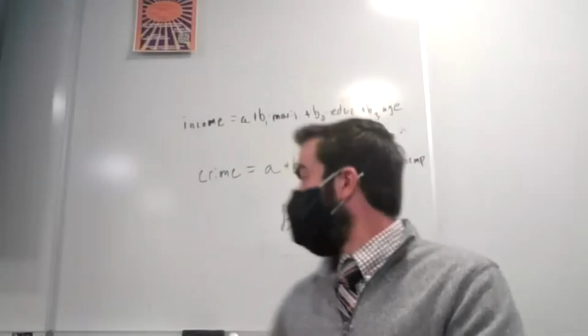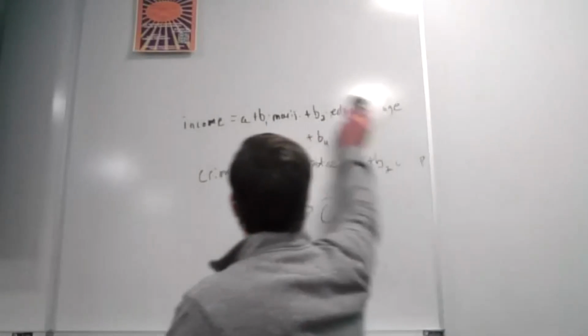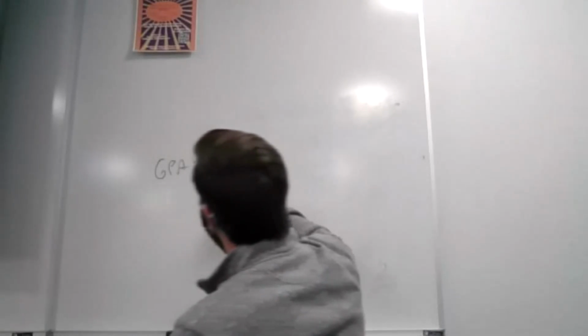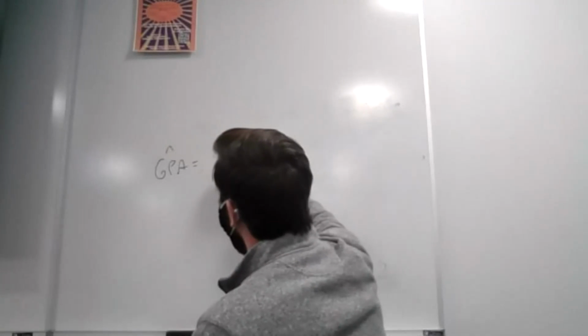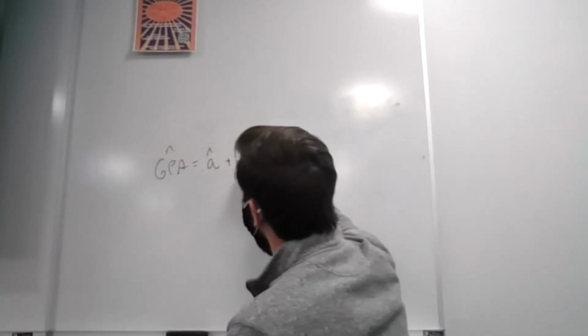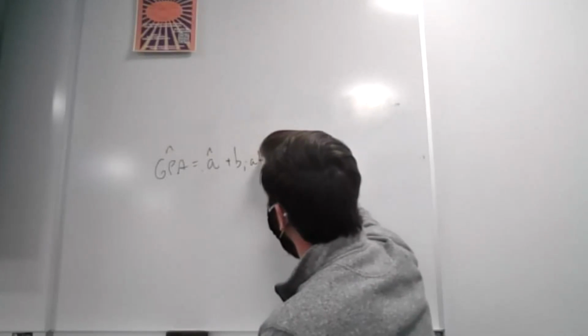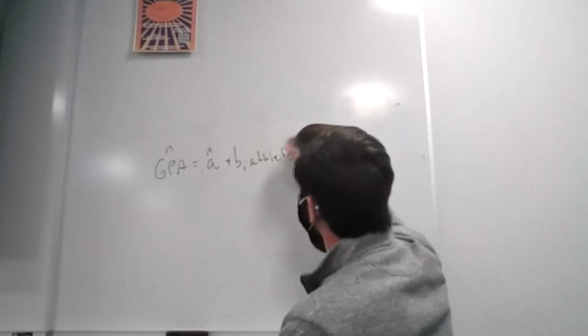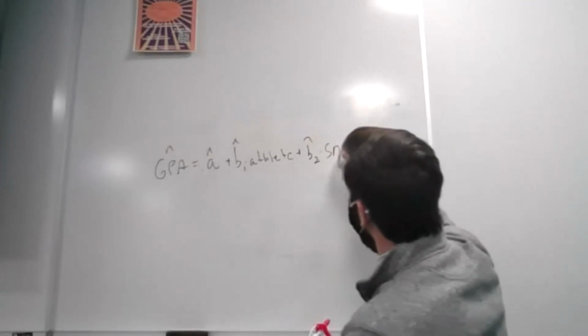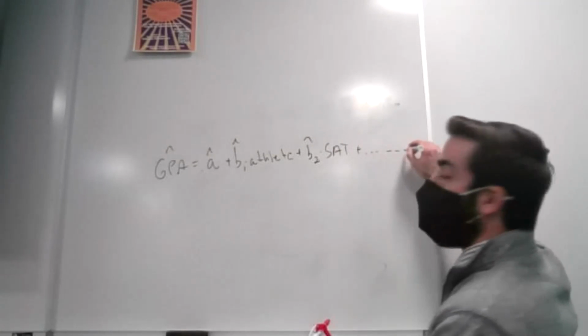If I have this GPA variable and I'm trying to predict it, I have my estimate for the intercept, we have athlete, the estimate on SAT score, and every other variable in this equation.